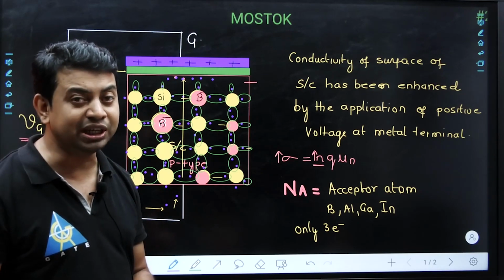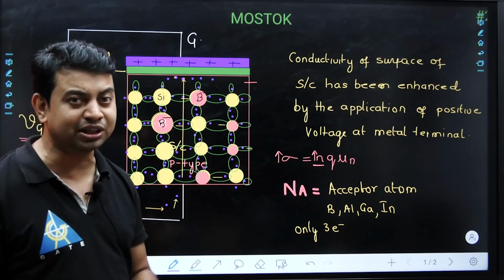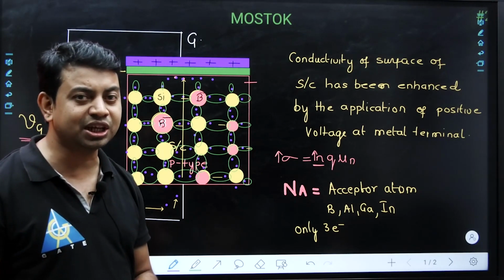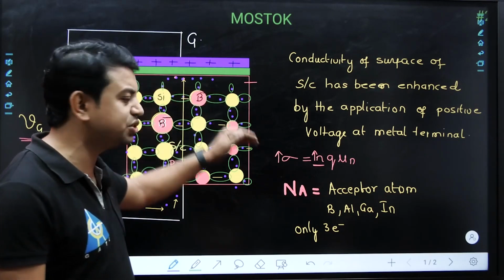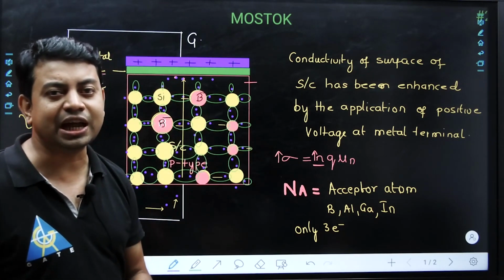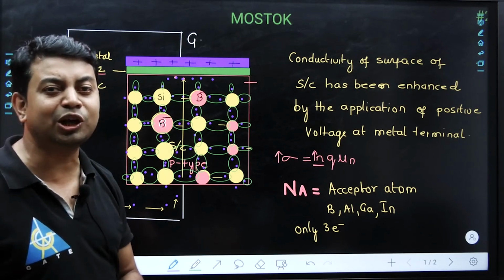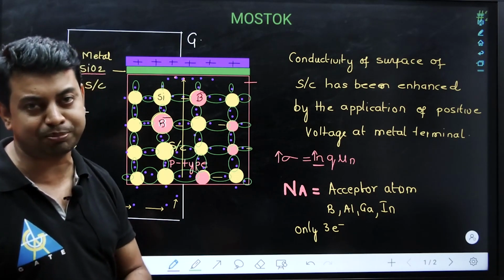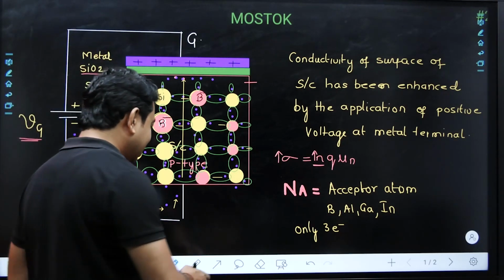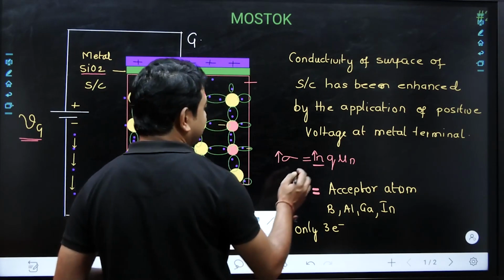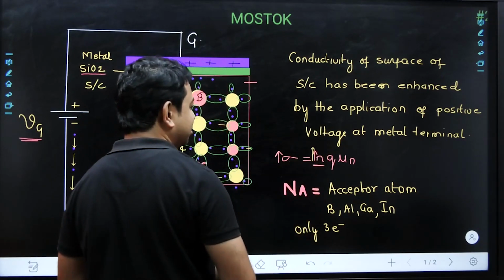But we need to increase the conductivity of the semiconductor so high that the surface of the semiconductor can act as a very low resistive path. To get a very low resistive path, we just have to increase the electron concentration so high.